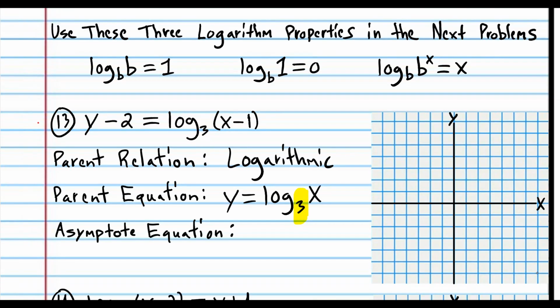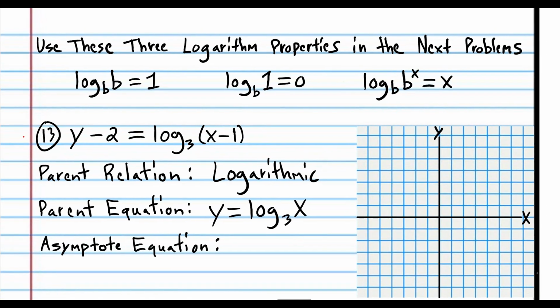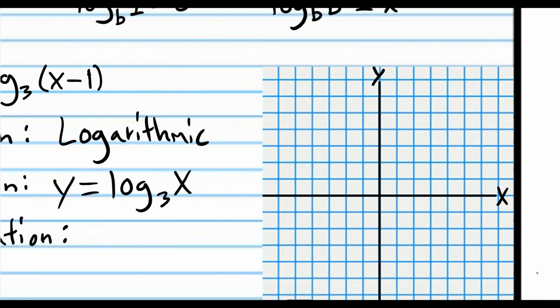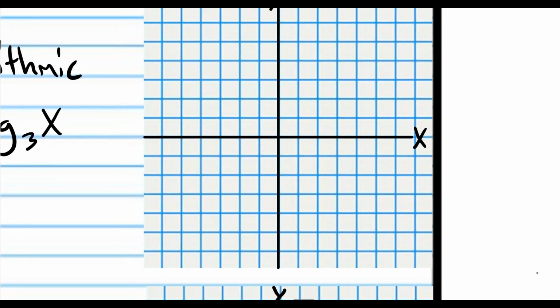Now we're going to do this the same way we did it before, but let's look at that graph. Look on your library of relations, and notice that the graph looks something like this. And this point is always going to be 1, 0. So in the exponential, we had a point that was always 0, 1.